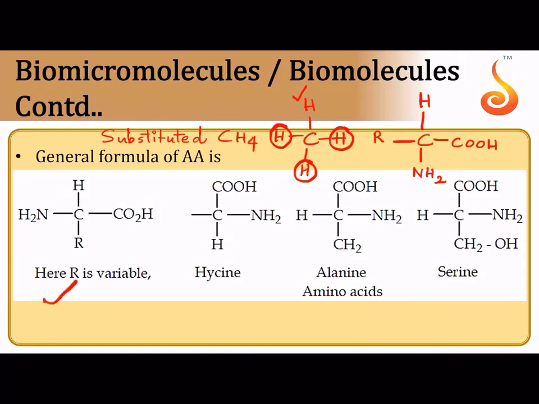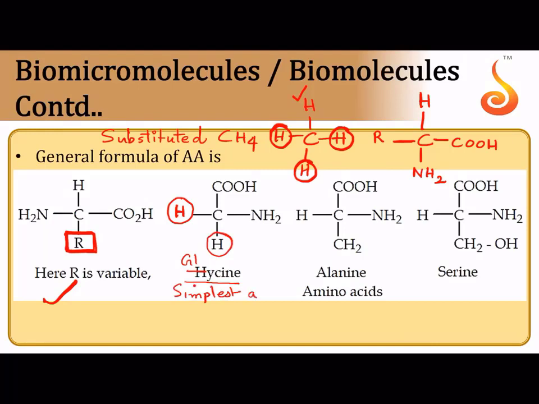See the structure here. This R group is something that varies from one amino acid to another, so we call it the variable group. For example, in the amino acid glycine, surprisingly, the R group is also a hydrogen atom. That means it has 2 hydrogen atoms. It is the simplest amino acid.